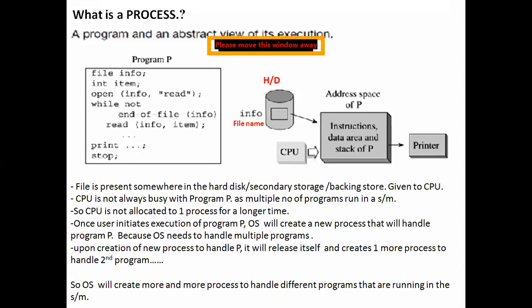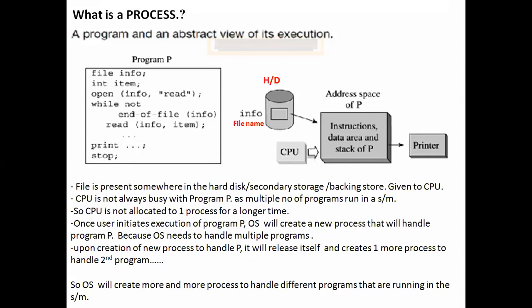And the OS has to handle multiple programs or processes. For example, suppose there are 4 processes running in a computer system, and the execution of process 1 starts. Then the OS will not be always busy executing process 1 only.